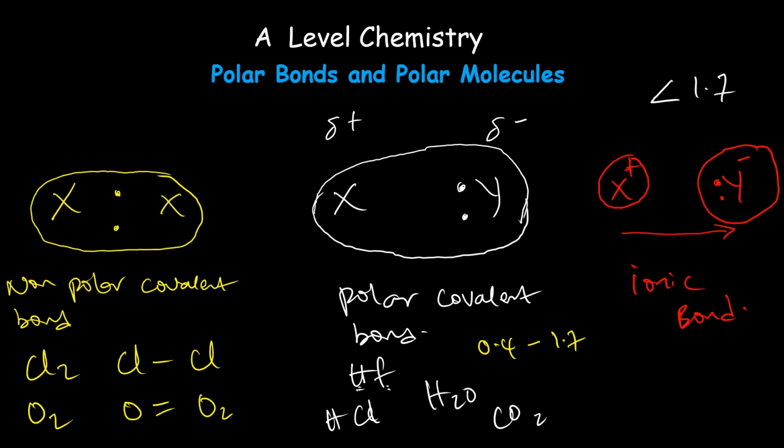While in a non-polar covalent bond, the electronegativity difference is 0. And this is called ionic character. As you can see, it increases from non-polar covalent bond to polar covalent bond and then ionic bond.